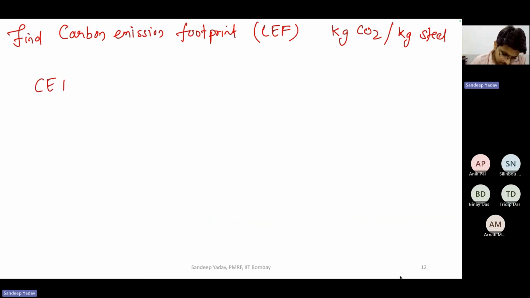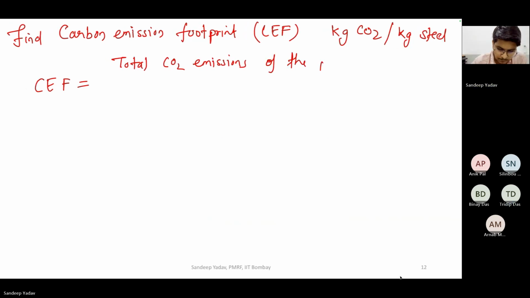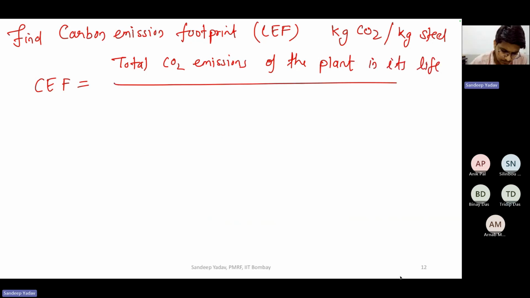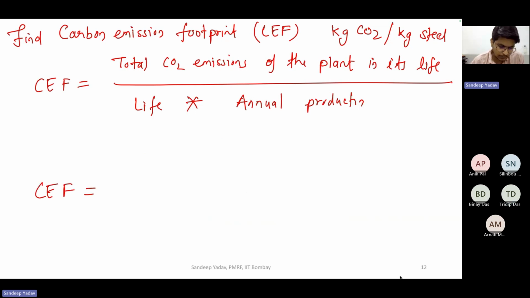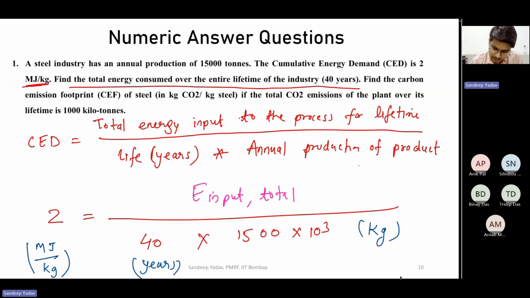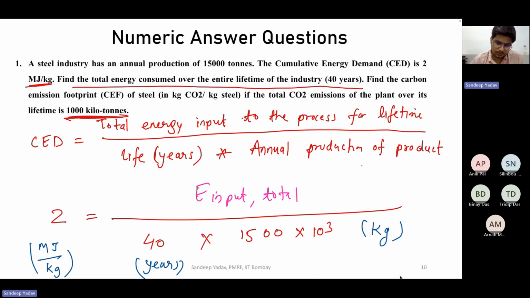So for CEF, the formula is the total CO2 emissions of the plant in its life, divided by life multiplied by annual production. The total CO2 emissions given here is 1000 kilotons.